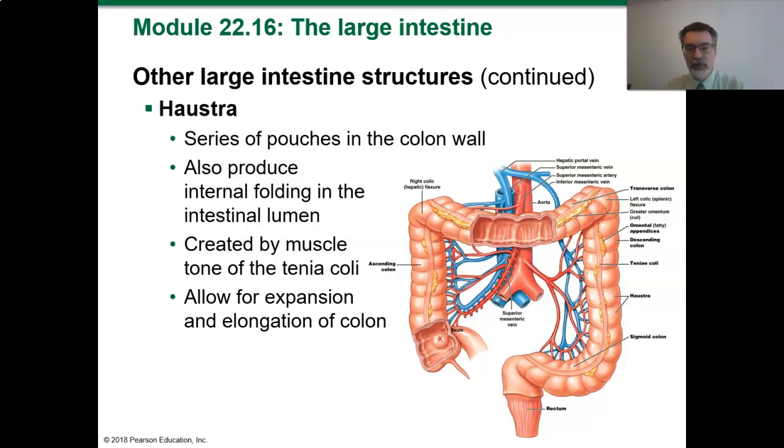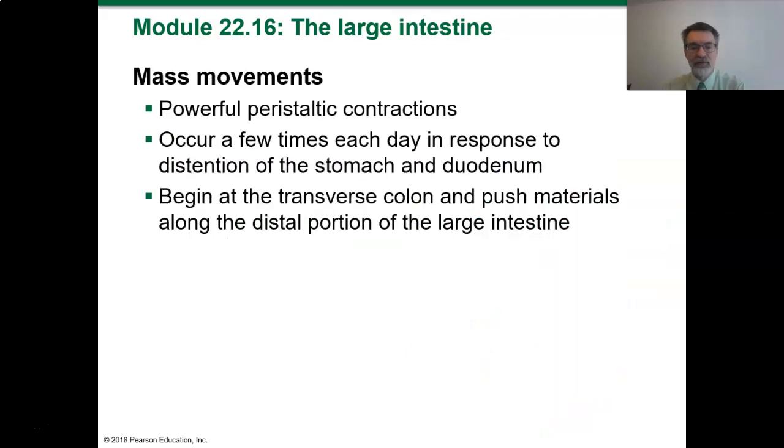As we're pushing that fluid through here, these ridges and pouches are going to churn that material that's still fairly liquidy to make sure we're absorbing water from there and evenly drying out and creating a more compact fecal material.